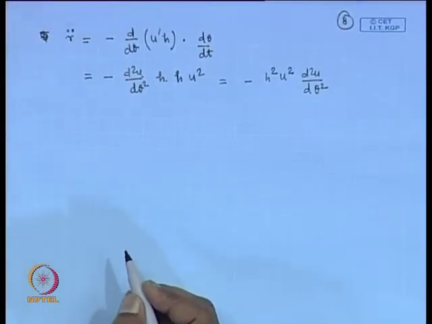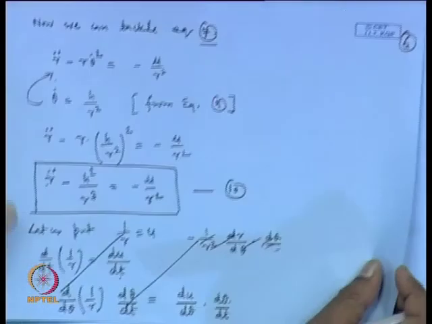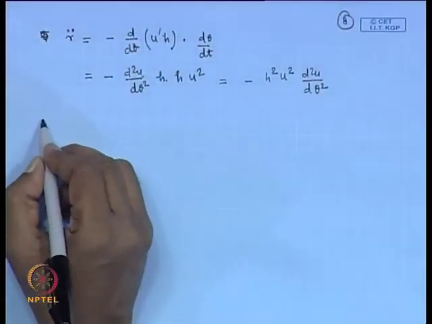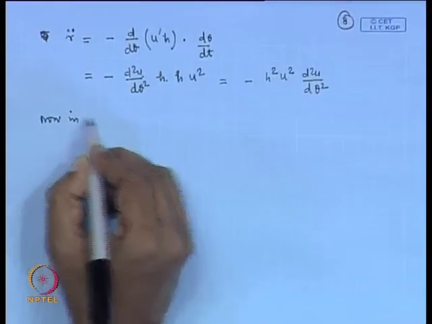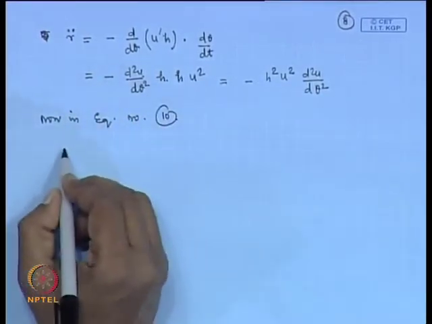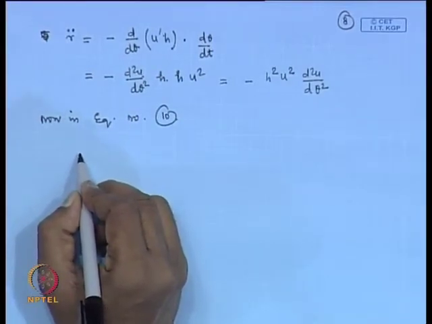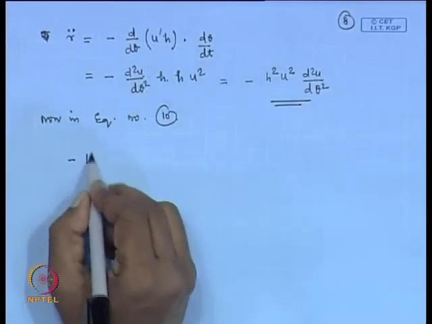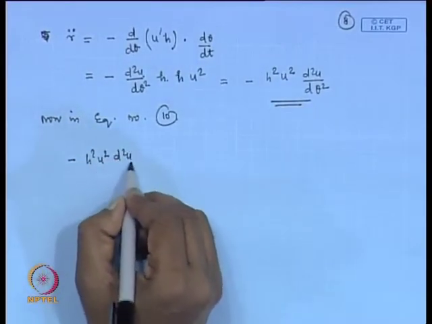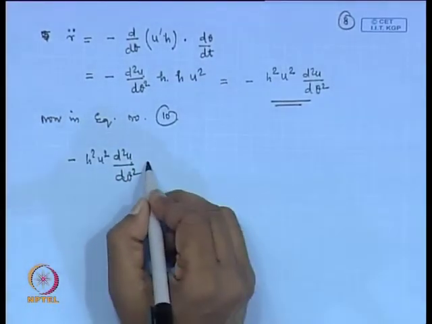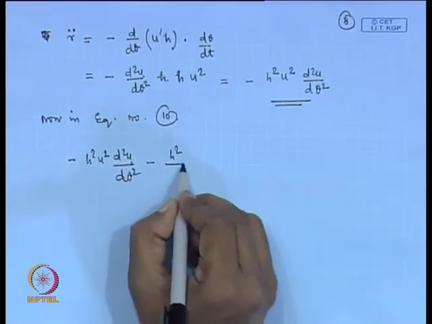So, if we go back to our equation number 10, now in equation number 10 we have r double dot, we can insert from here minus h square u square d square u by d theta square, and minus h square by r cube.